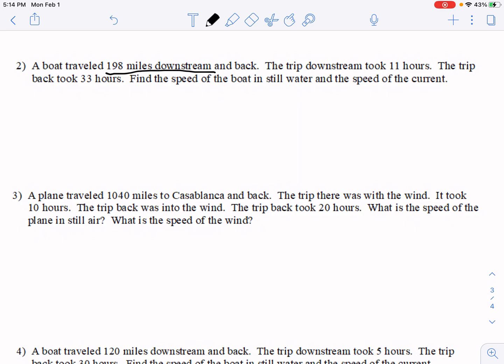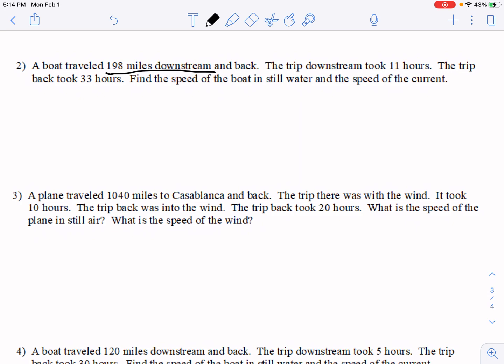Now, to understand the context of downstream and upstream, if a boat is going to travel a certain amount of miles per hour in still water, it travels a certain amount of miles per hour. But when you go downstream and there's a current, the current actually helps push you along. In other words, you're going faster.